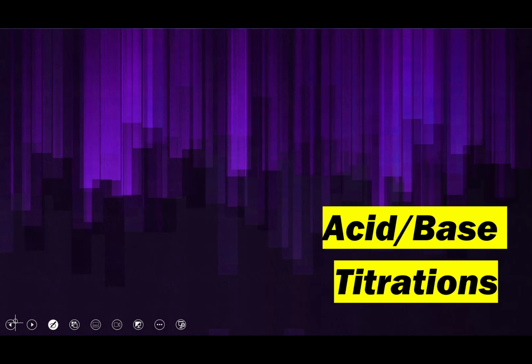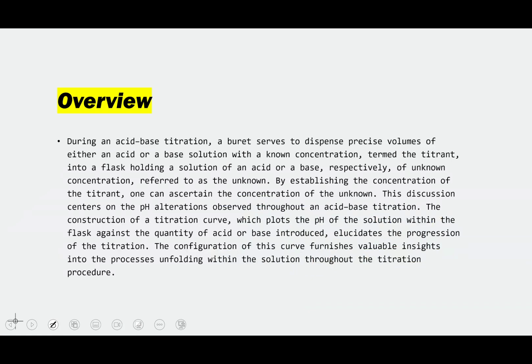So we set up a burette that dispenses some volumes of an acid or a base into a solution in order to find that concentration through mole ratios when the reaction ends, when there's a complete neutralization. And we know that the reaction ends when we have an indicator. We should remember that.